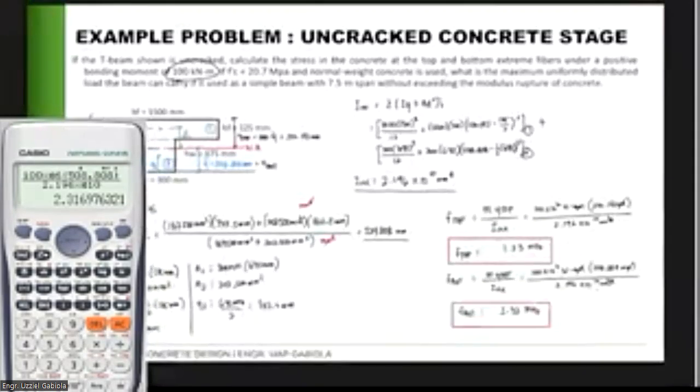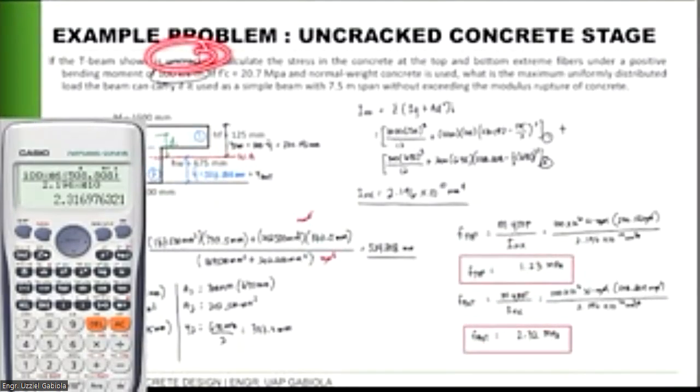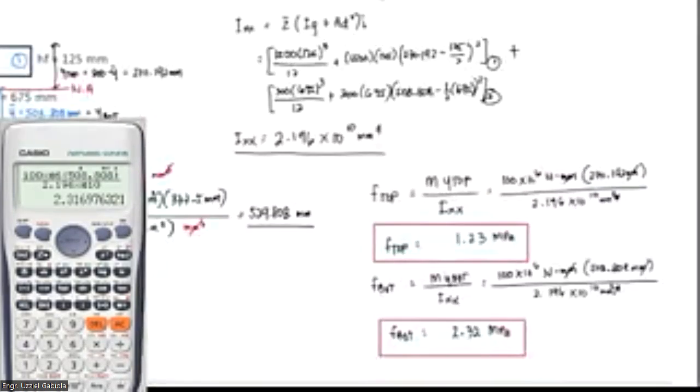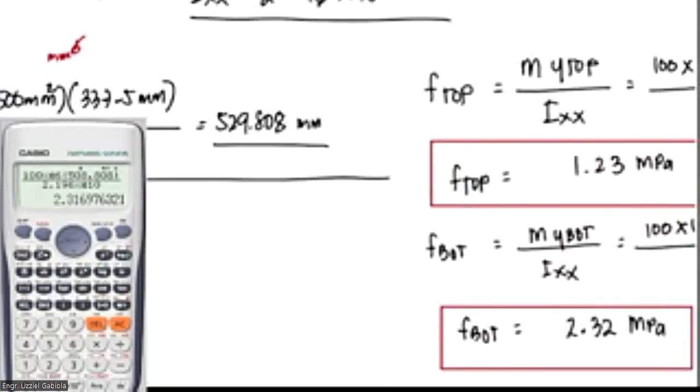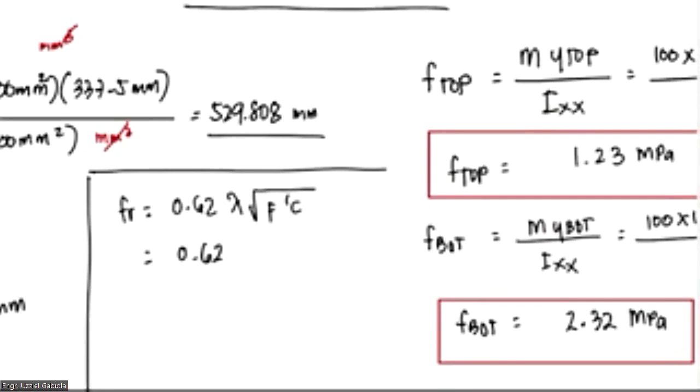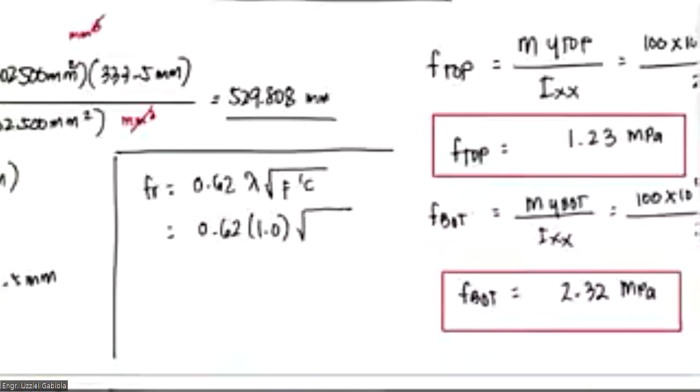Now, to verify our assumption that it is uncracked, we need to calculate the value of our modulus of rupture. So let us indicate it here at the bottom. We have Fr is equals to 0.62 lambda square root of F prime C, that is 0.62. Okay, lambda is 1.0. Then F prime C again is 20.7 megapascal.